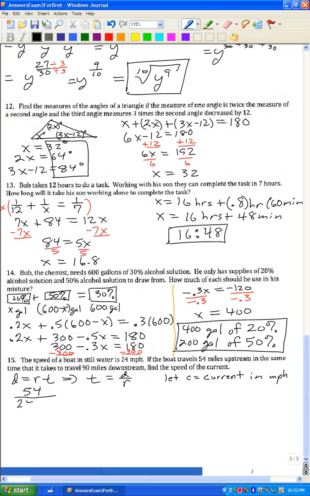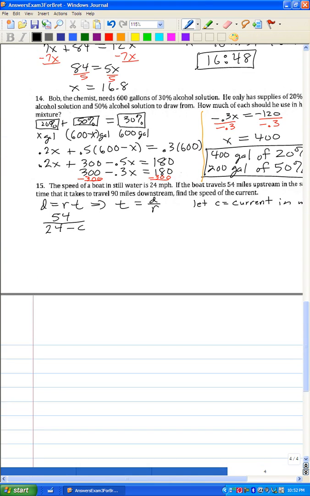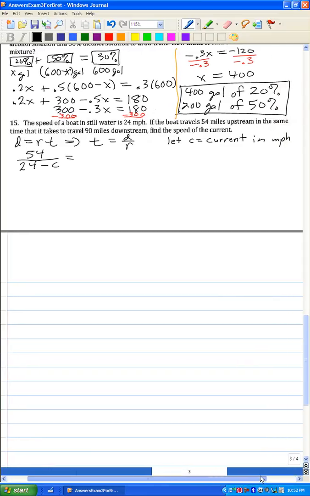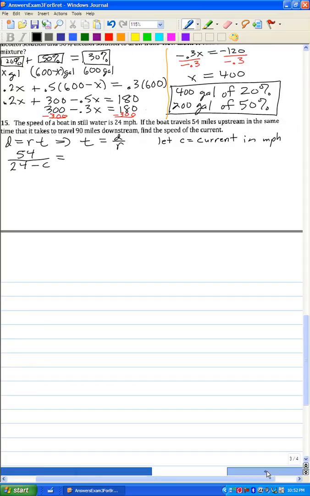And so you'll be going 24 minus c miles per hour. Downstream, you go 90 miles. And since you're going downstream, you're being helped by the current. So normally you go 24 miles per hour, but you're being helped by the current.